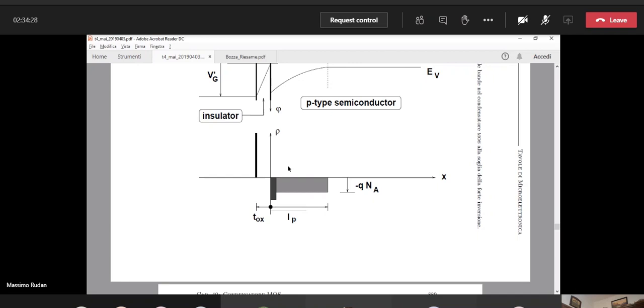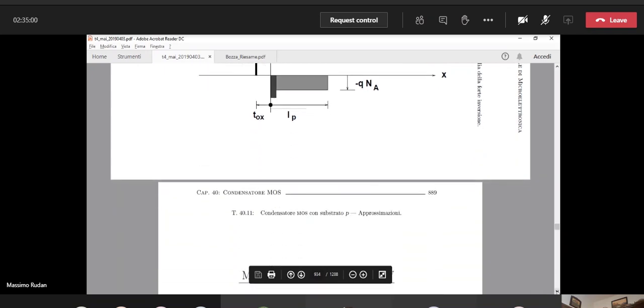What is the advantage of doing that? The Dirac delta has a zero thickness. So we can think of it as a sort of boundary condition near the interface, and consider only the charge associated to the dopants as a charge distributed over a volume of material.